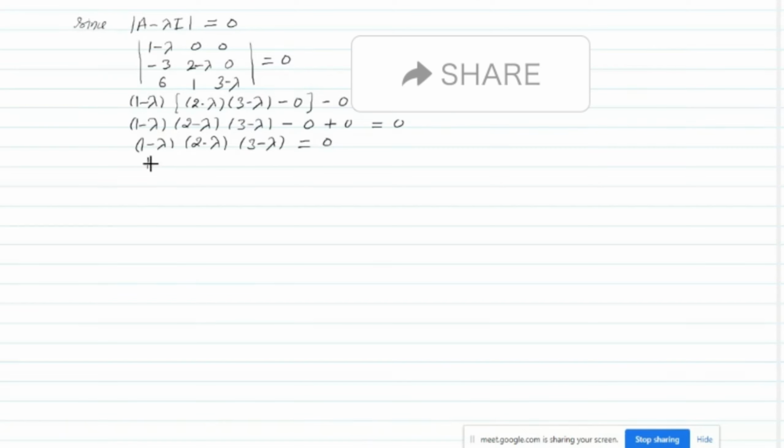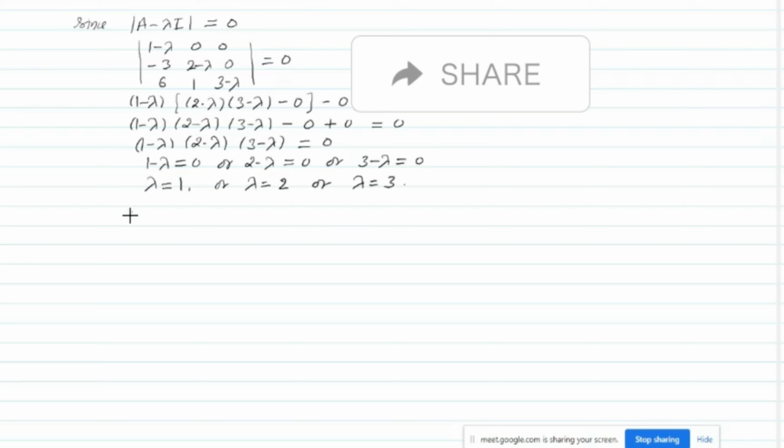So we have 1 minus lambda equal to 0, or 2 minus lambda is equal to 0, or you can say 3 minus lambda equal to 0. So from this you will get lambda equal to 1, lambda equal to 2, or lambda equal to 3.